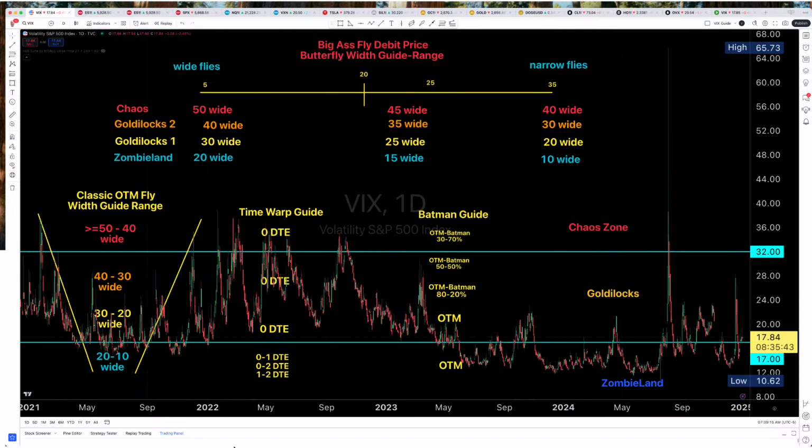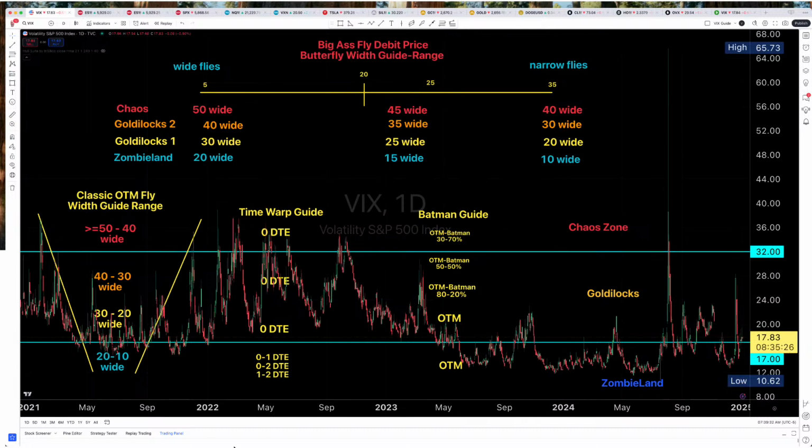expected move. But the way we look at expected move is a little bit different than maybe other people are doing it. We look directly at a specific option, and that is an at-the-money butterfly early in the morning before economic reports come out.